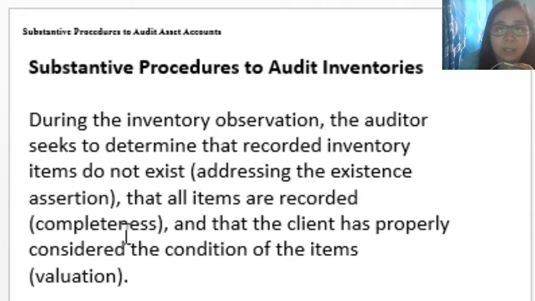This will address the completeness assertion, and whether the client has properly considered the condition of the items. This will address the valuation assertion, meaning whether the inventory is not damaged, not obsolete, and able to be sold to the customers.